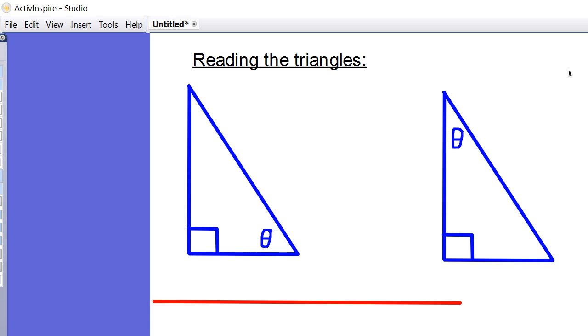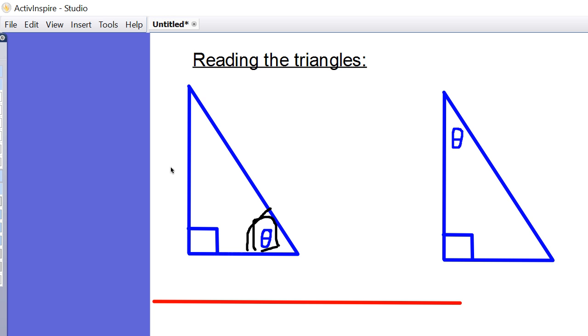We're going to start with one of the central skills, and that's reading triangles. I want to make sure we understand how to quickly and efficiently read a right-angle triangle. So what I mean by that is, we are imagining we're given an angle down here, and we've got to work out, when I'm sitting down here, what are the three sides?